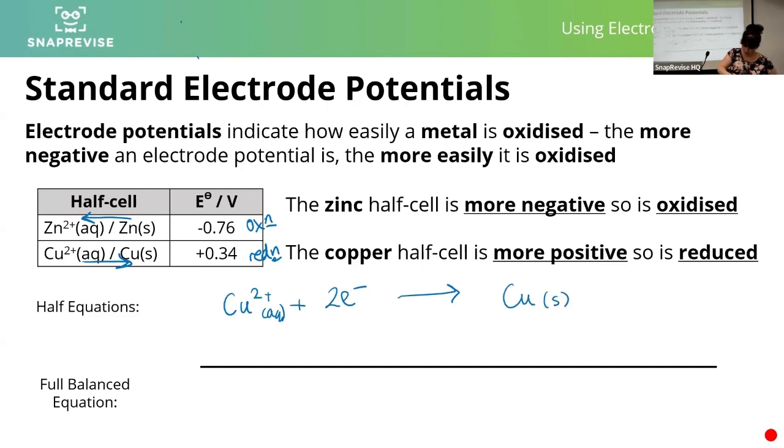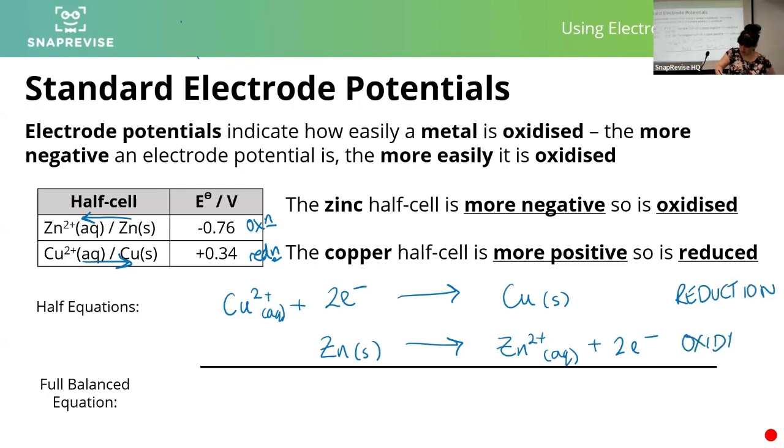And we're going to get zinc solid is oxidized to form zinc 2+ aqueous and 2 electrons. So this is reduction, the top one, and the bottom one is oxidation. When I'm writing my half equations, I'm showing what is actually happening. I'm showing reduction happening and or oxidation happening.